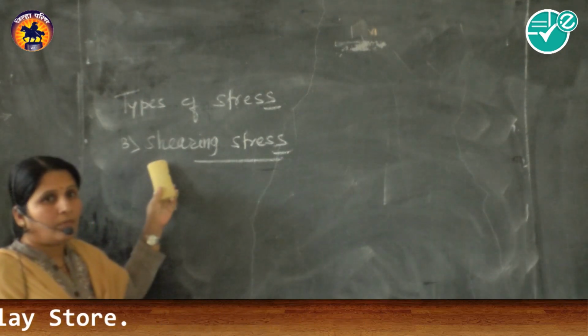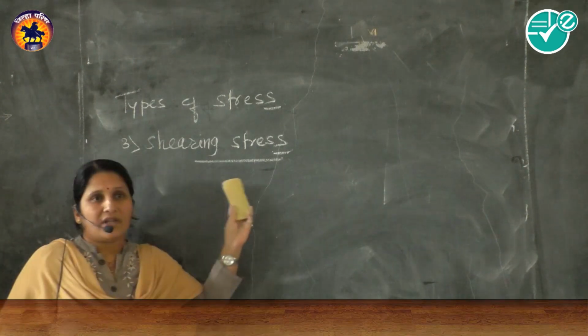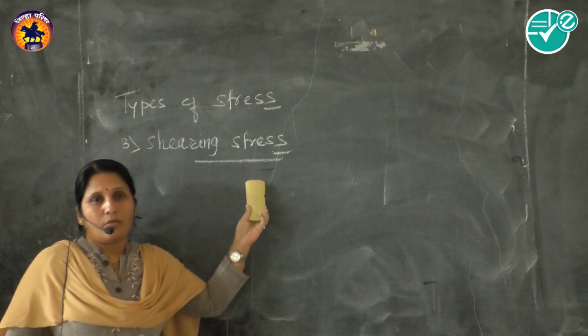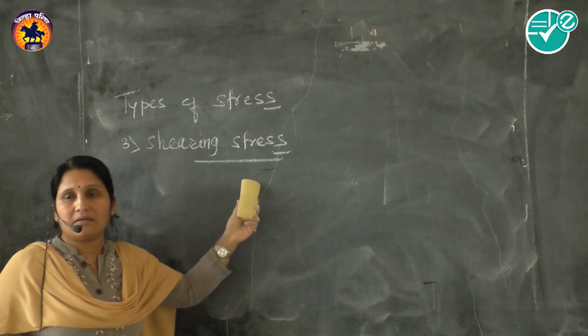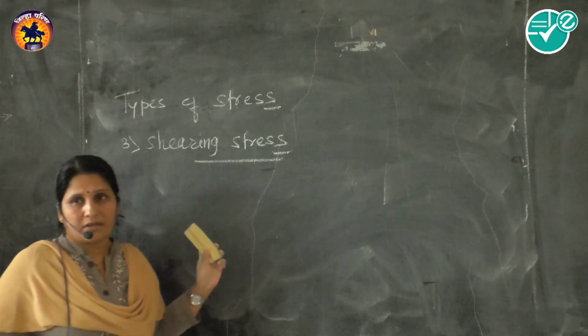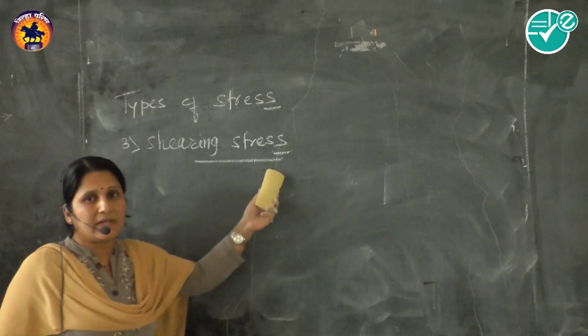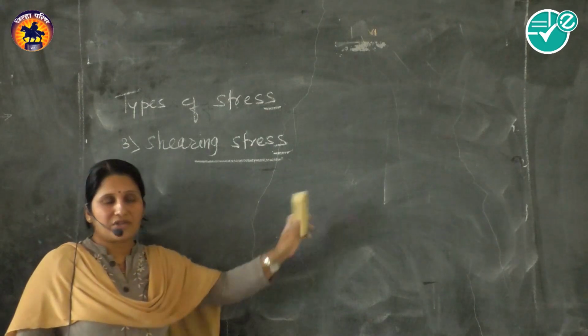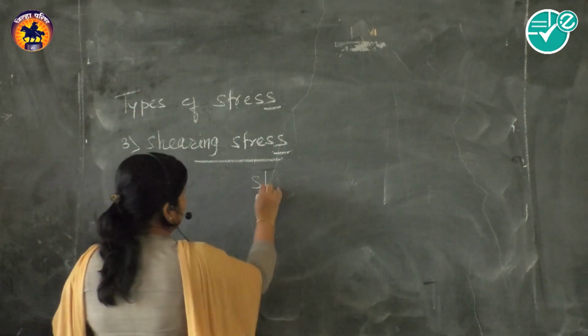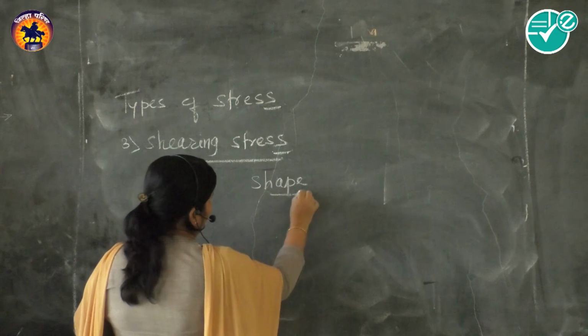When deformation takes place in the shape of the material body, then the stress is called shearing stress. When deformation is in shape, it is shearing stress.